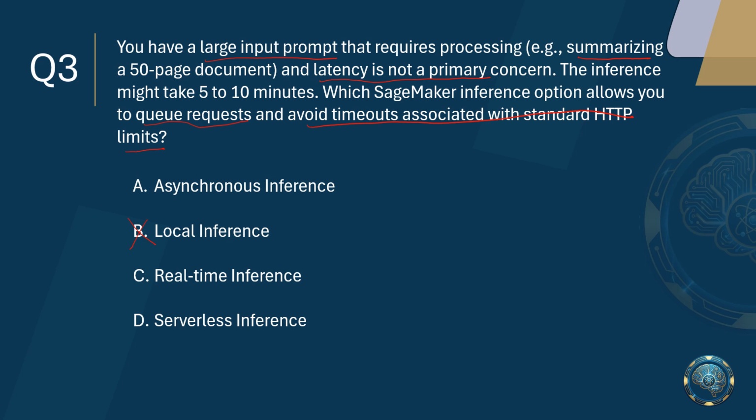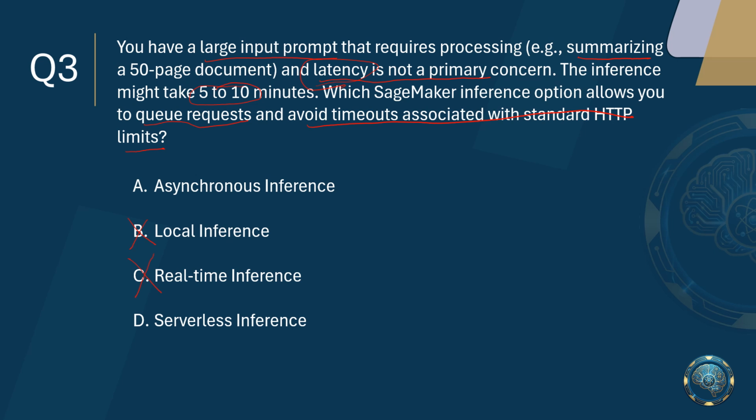Now moving to option C, real-time inference. Now we have to refer to our keyword, latency. It is okay to run an inference for 5 to 10 minutes, which means we are not talking about real-time inference. So we can straight away strike it out.